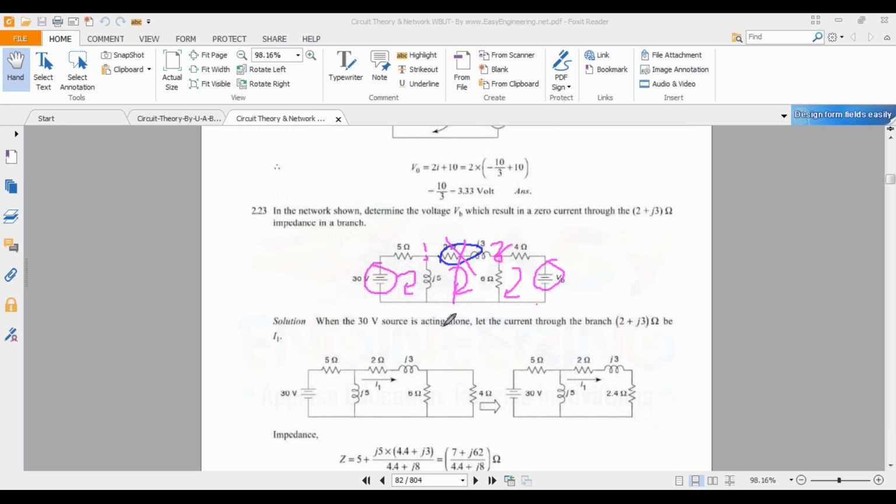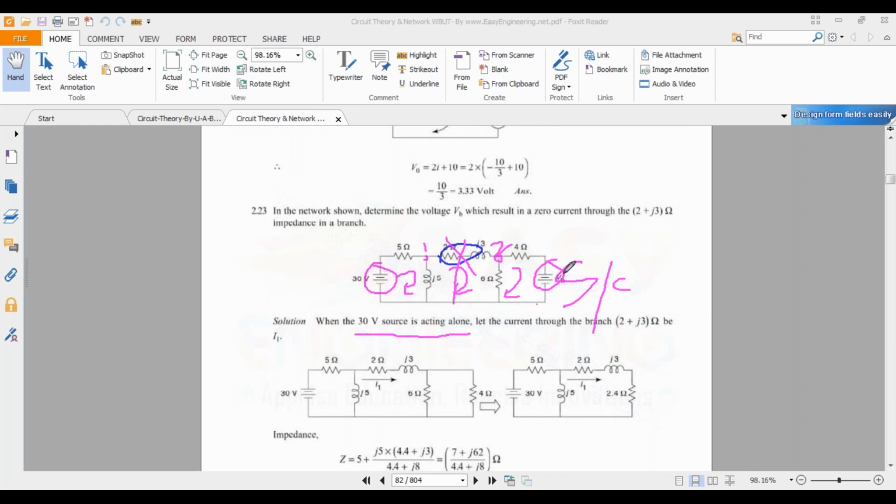First of all, we will find the response due to the 30 voltage source acting alone. Whenever you want to find the response due to this voltage source, the other voltage source is to be deactivated, meaning this voltage source is to be short circuited.